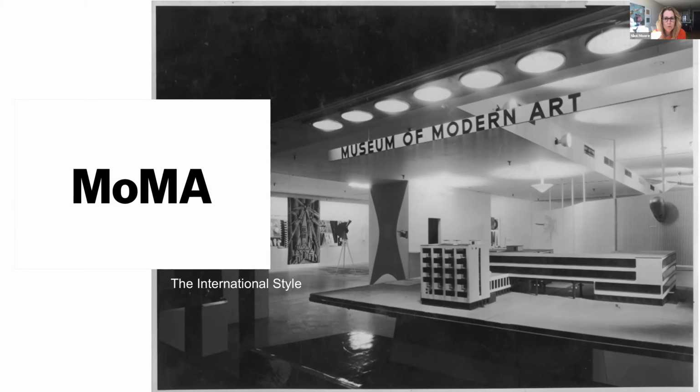It was born from a set of ideas, even an ideology, as to what architecture in the 20th century should look like. And its visual cues really leaned hard on the function of the building.